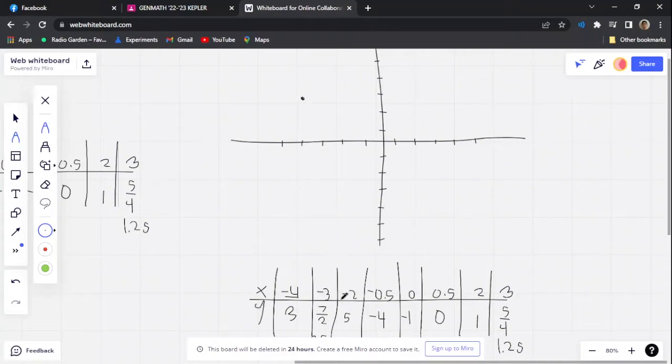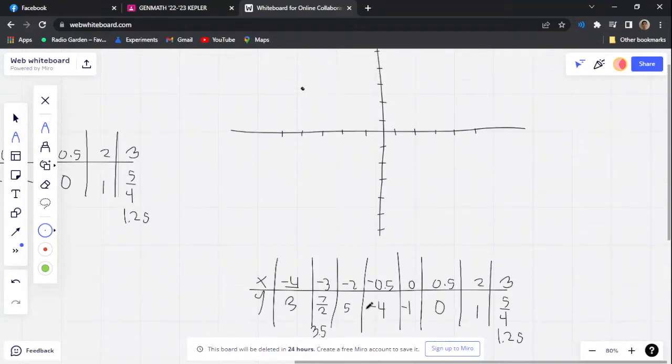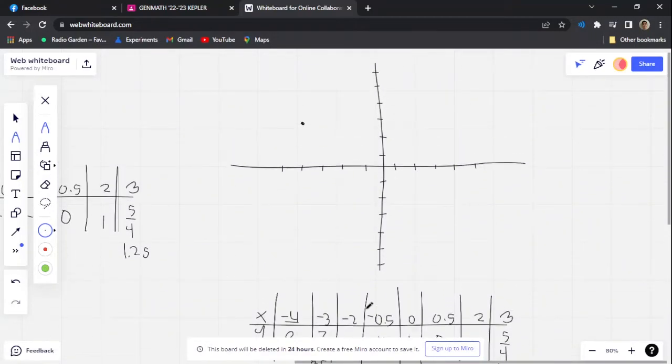Next is negative 3 with 7 over 2 or 3.5. So negative 3, and 3.5 is in the middle. So the point is here.